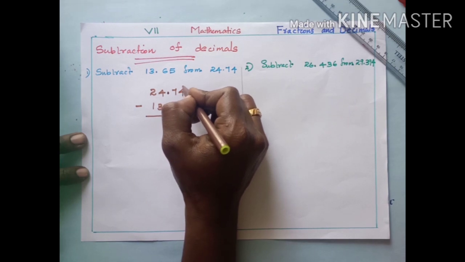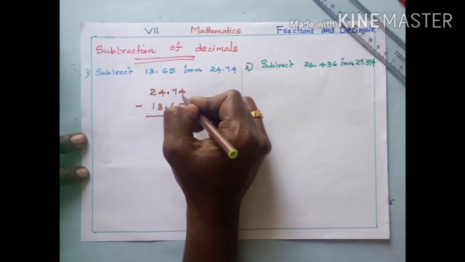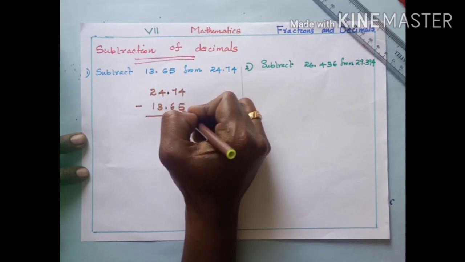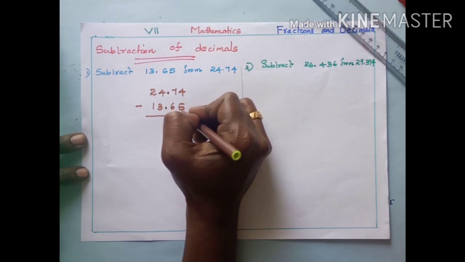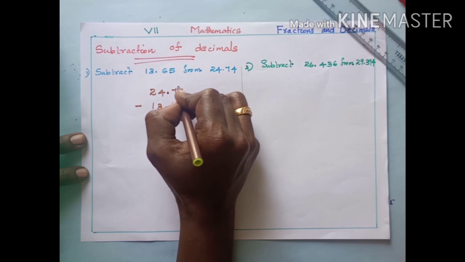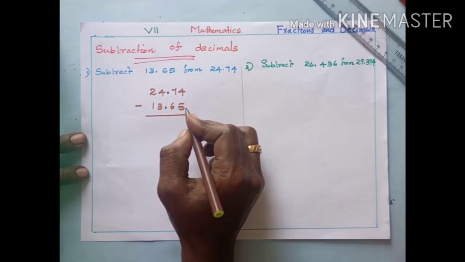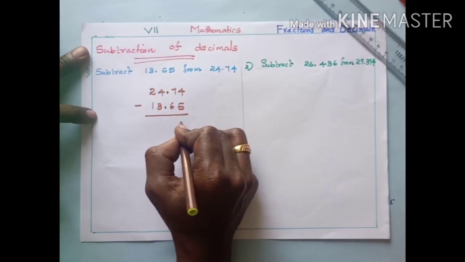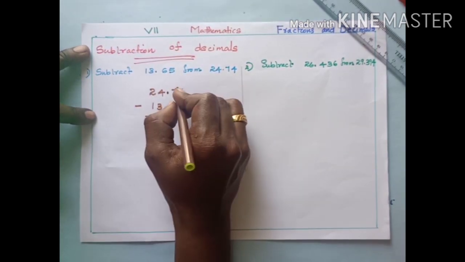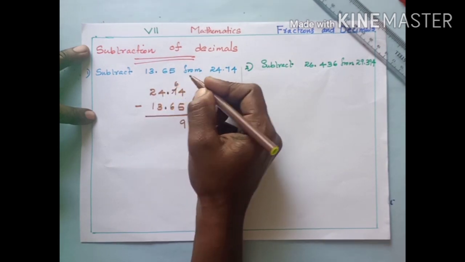as in the same place. 4 minus 5 is not possible, so borrow 1 from 7. So we get 14. 14 minus 5 is 9. Here remaining 6.